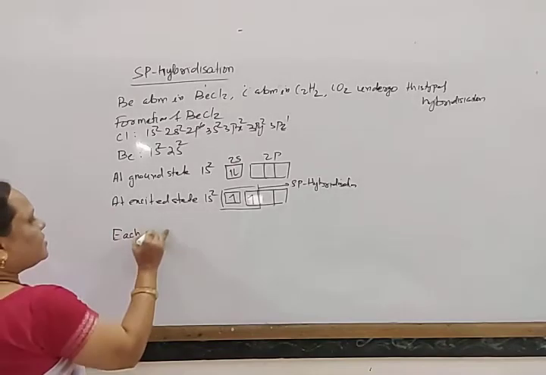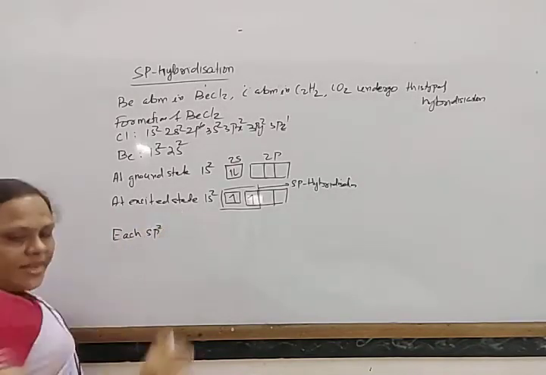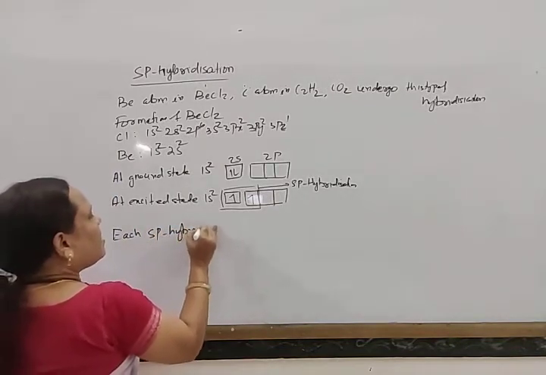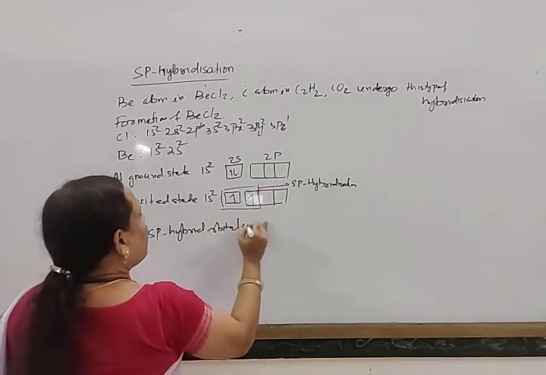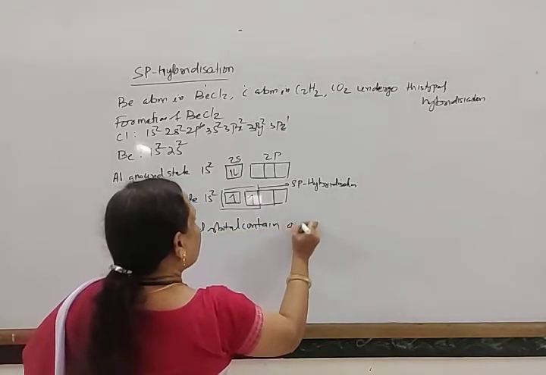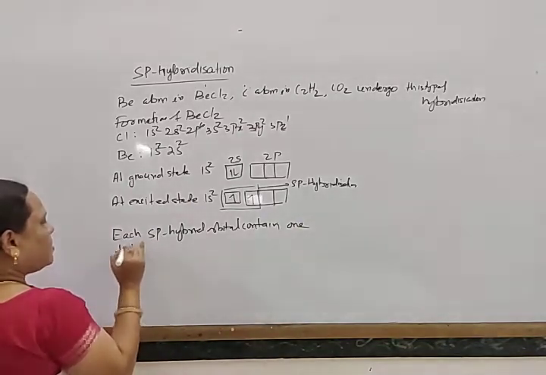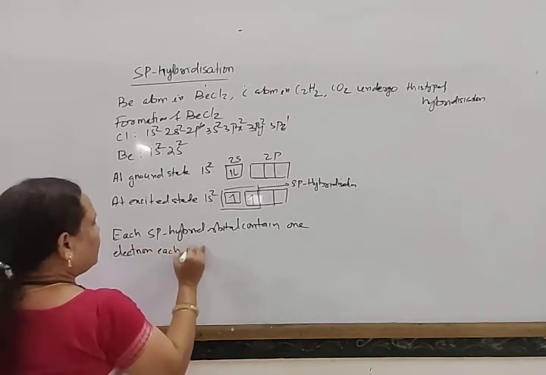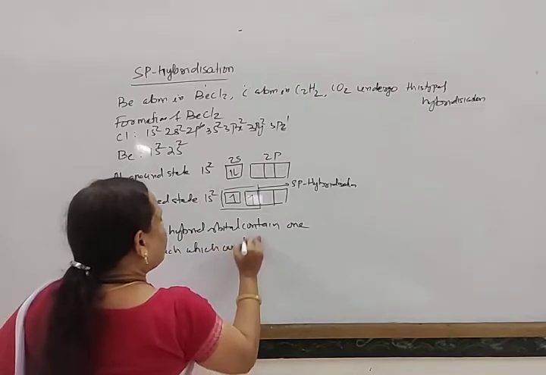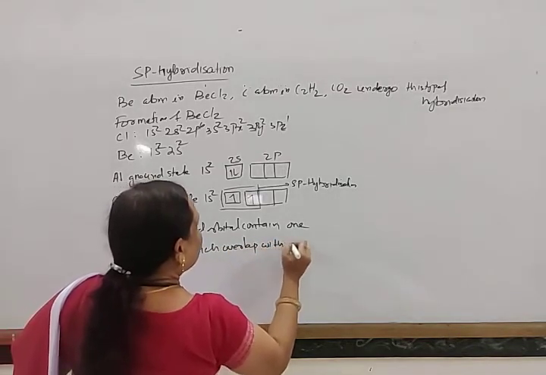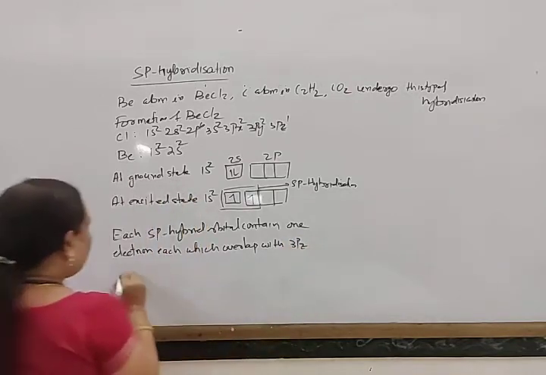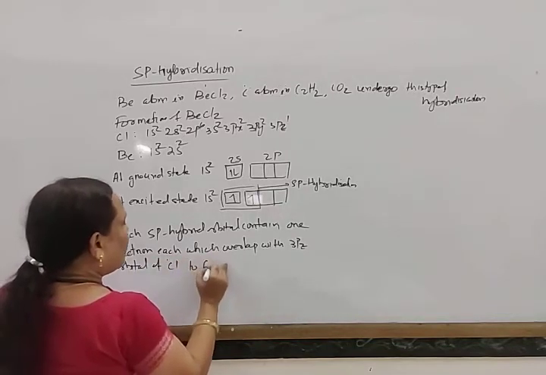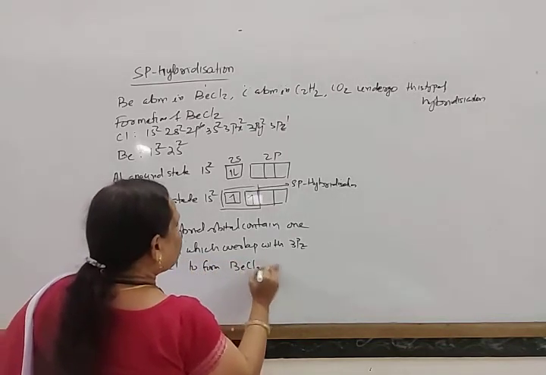Each sp hybrid orbital contains one electron, which overlaps with the 3pz orbital of chlorine to form BeCl2.